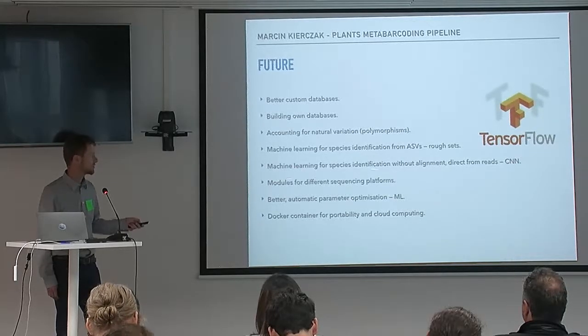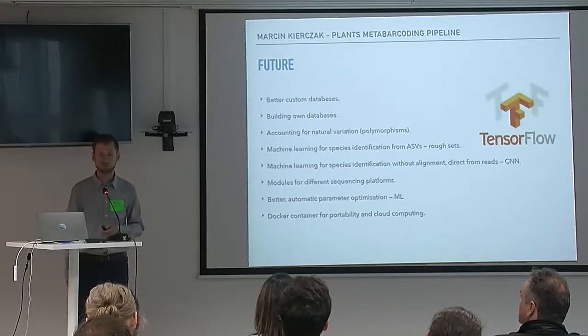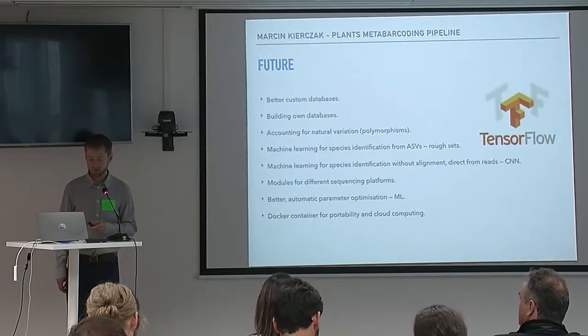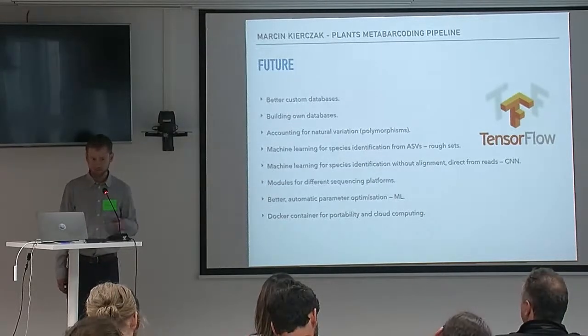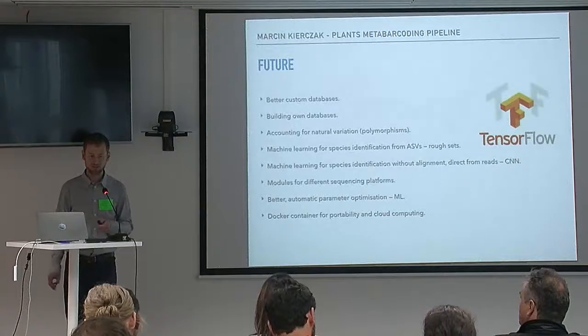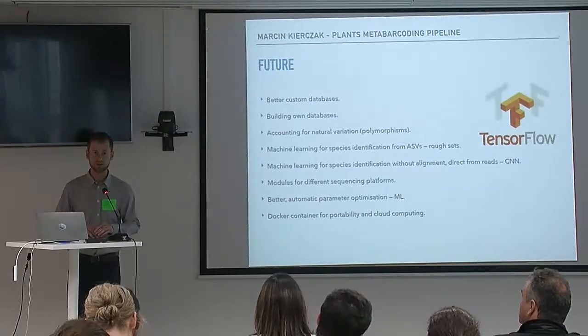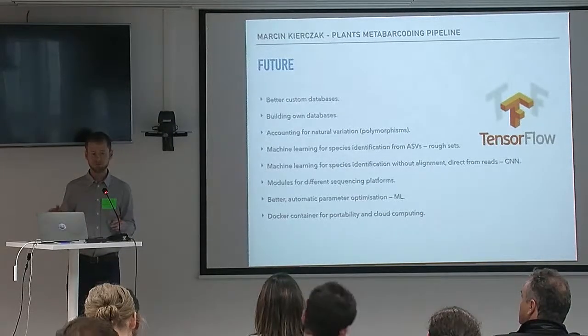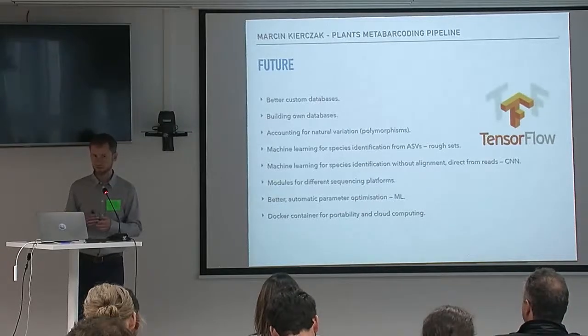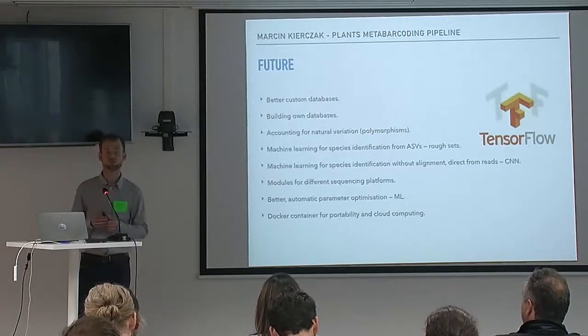Then there is an interesting approach that I have started working with on the plane here actually, and it's to skip the whole alignment and blasting and just use your reference database and use a deep learning algorithm, most likely a convolutional neural network.